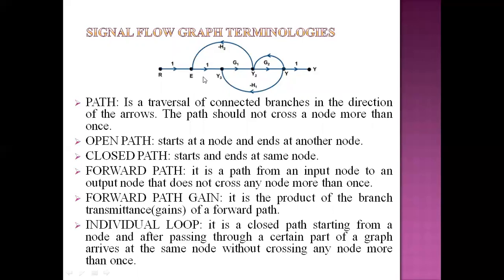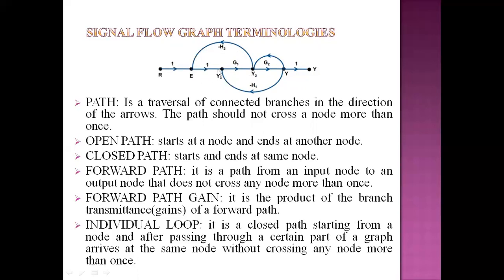With reference to this signal flow graph, the path starting from R node and ending at Y node is called a forward path. Here is an individual loop. Suppose a signal starting from E goes through these two branches and reaches Y2, then through this feedback path it reaches E. Then this forms a closed loop.